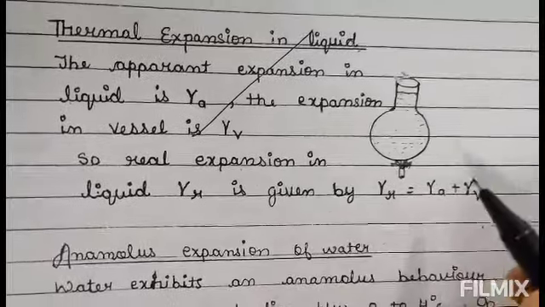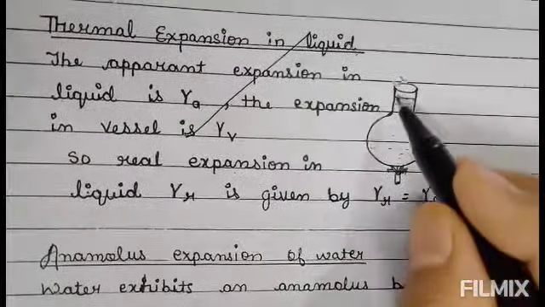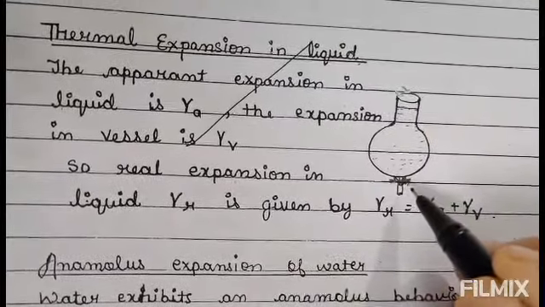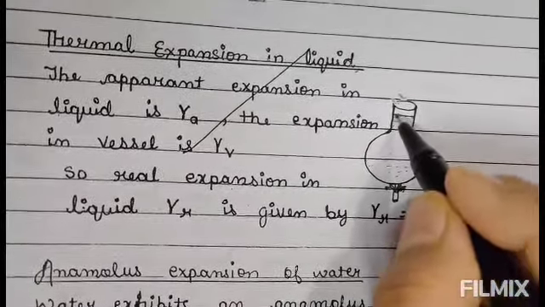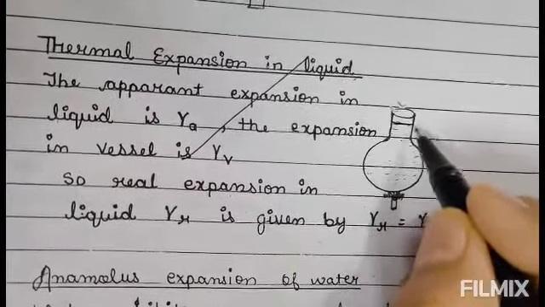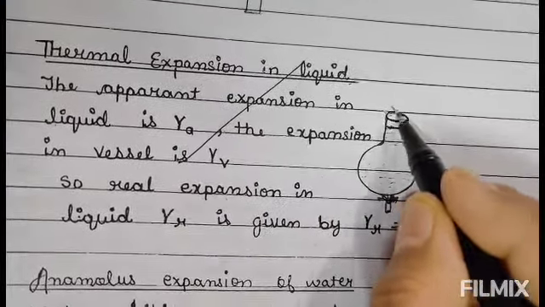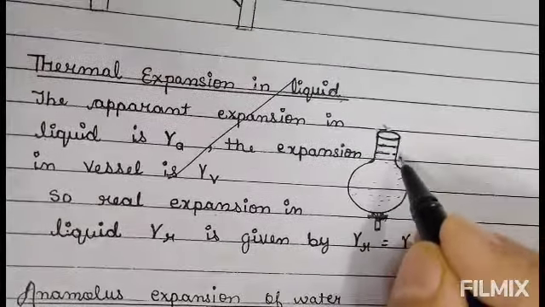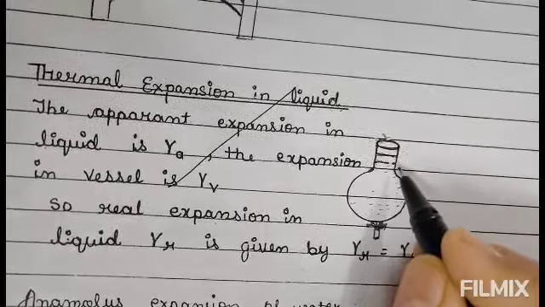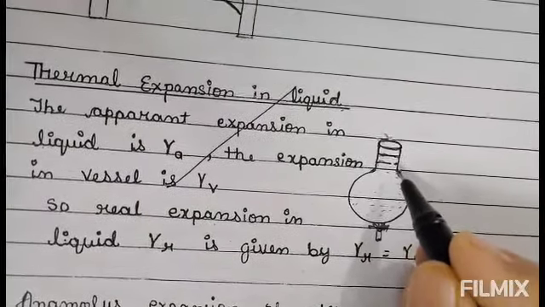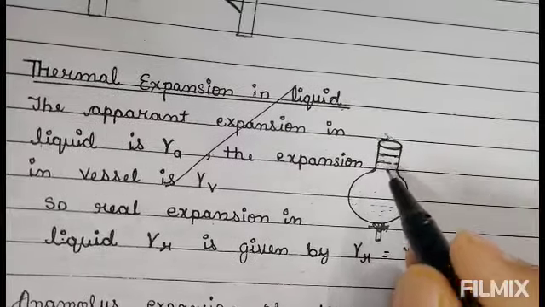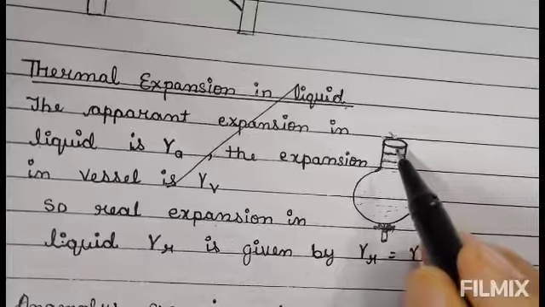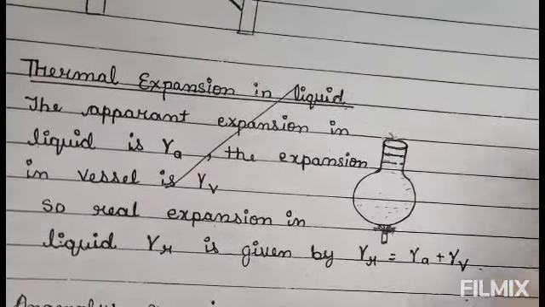Thermal expansion in liquid. Here a liquid is in a container, and when we supply heat, initially the level of the liquid comes down. You cannot notice any expansion, but really the expansion is there, because whenever we supply heat, the solid container takes the heat first and expands.